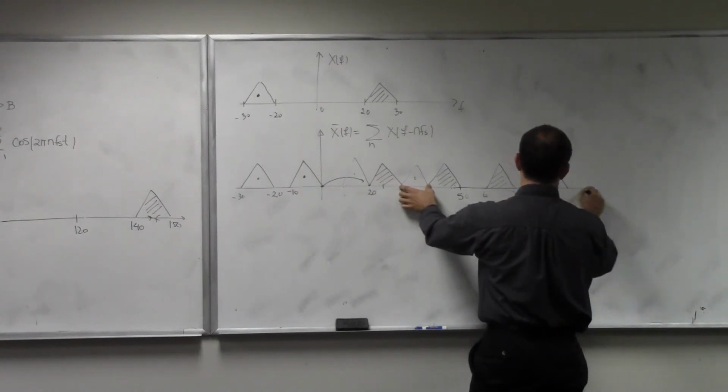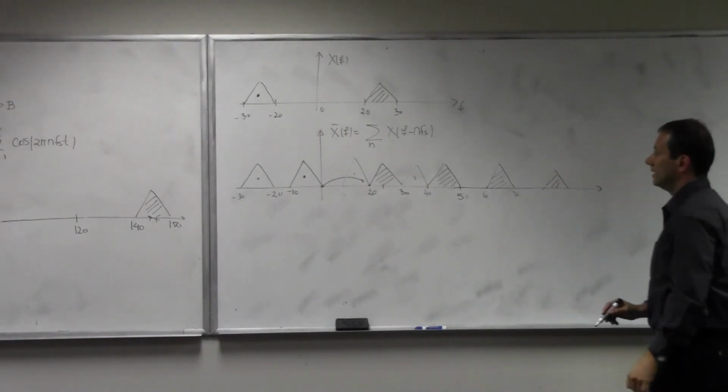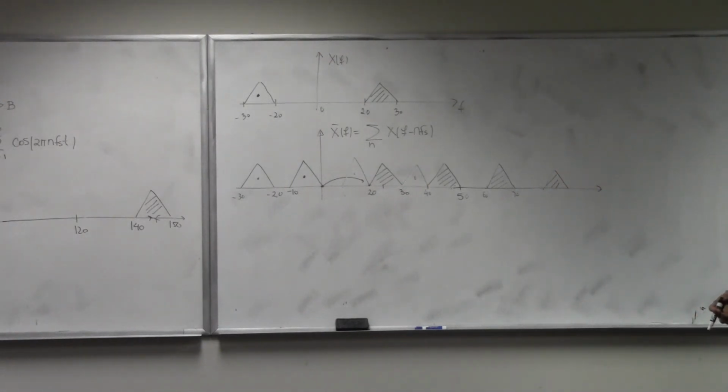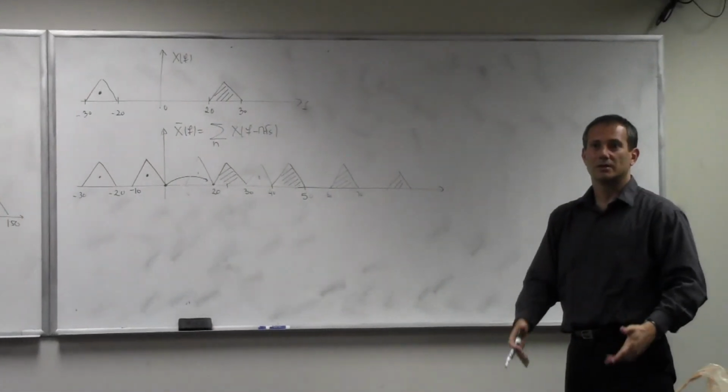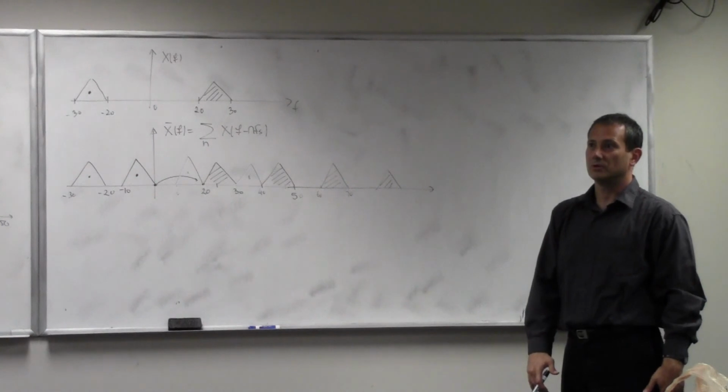So you have to do analysis here and see if they're actually going to overlap. If they never overlap, then you can devise a scheme to reconstruct them. But if they start falling on each other, then you're not going to be able to reconstruct them, right?